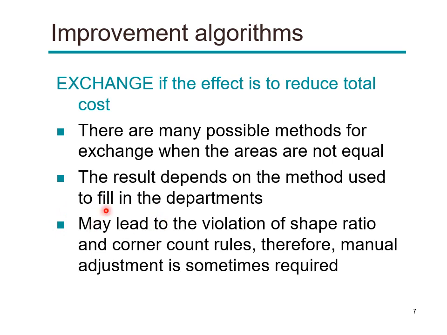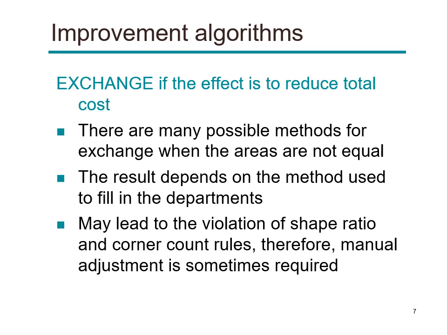Okay? And sometimes this exchange operator may lead to the violation of shape ratio or corner count rules. Okay? So remember those rules. Other than the contiguity and connectedness rules, we also had the shape ratio and corner count rules.